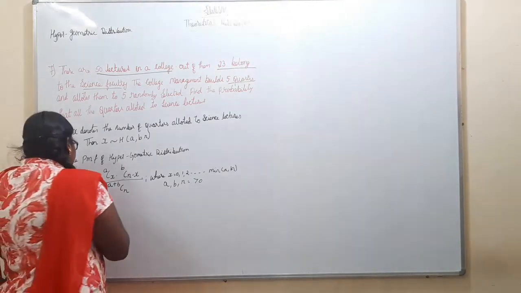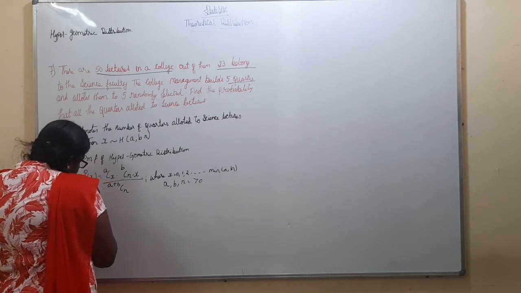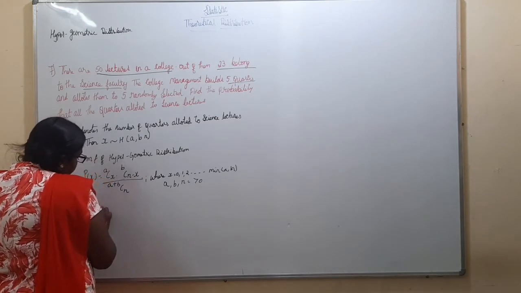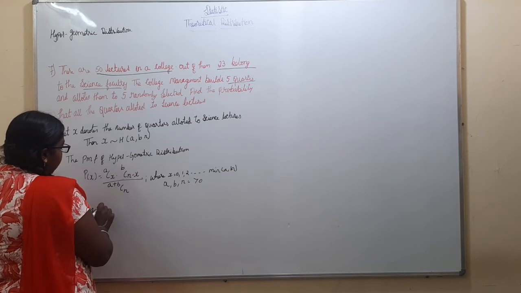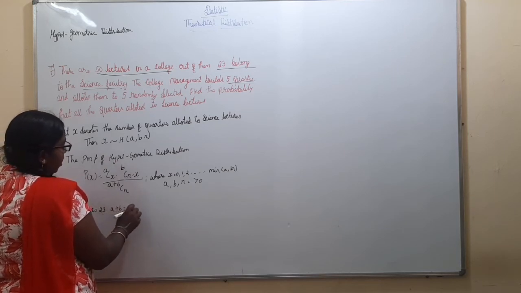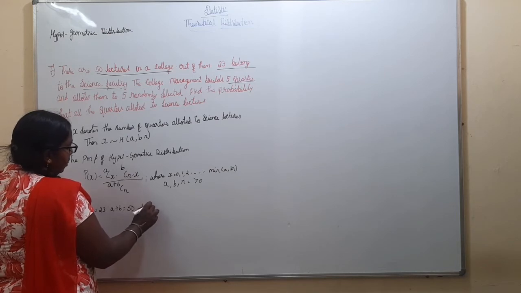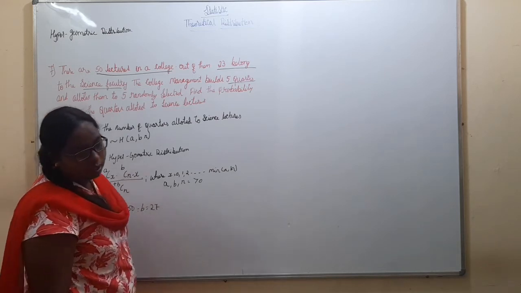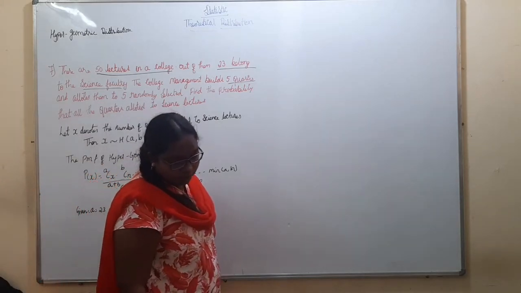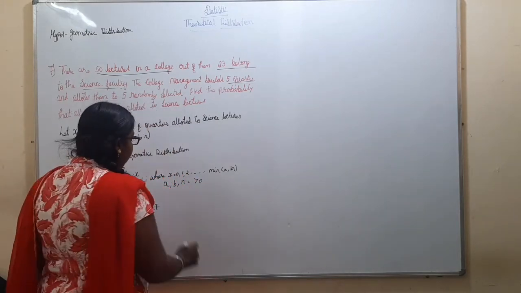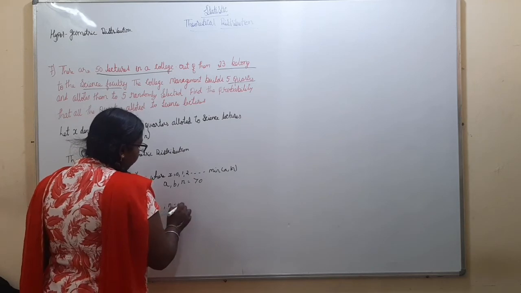What is given here? Let the science lecturers belong to A, then A plus B is 50, so B is 27, and N, the number of allotments, is 5.